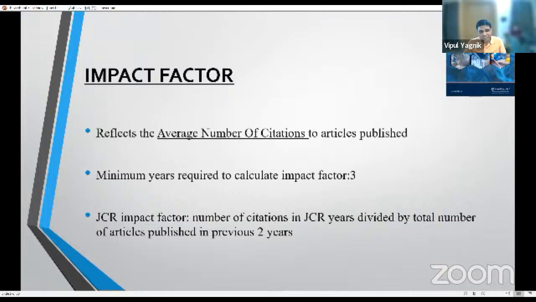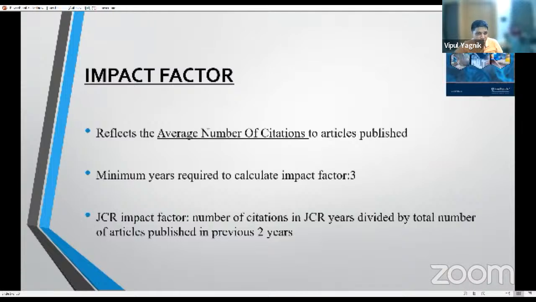So first we will see impact factor. What is impact factor? Impact factor basically reflects the average number of citations to the articles published. It requires a minimum of 3 years to calculate, and the Journal Citation Reports will give you the impact factor of the journal based on the articles published in the previous 2 years.